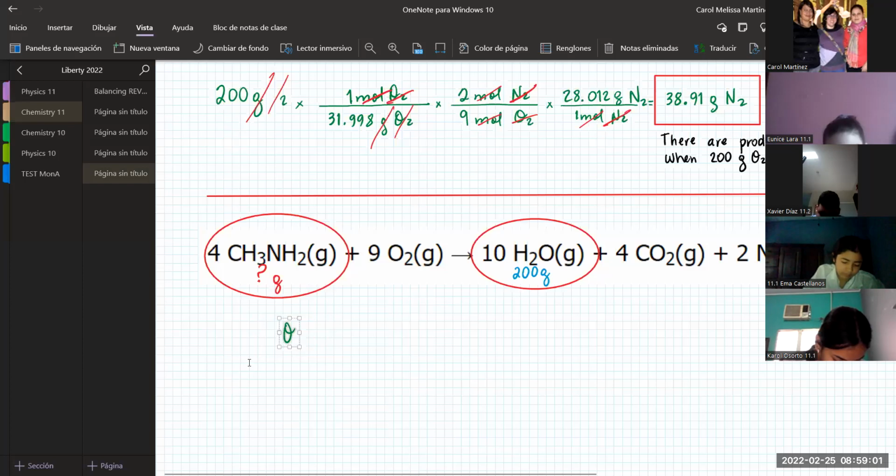Let's say that this is the reaction that we now have to consider. So I need to get as step 0 the molar masses of CH3NH2 and H2O.